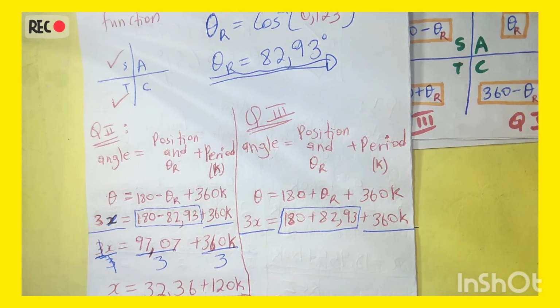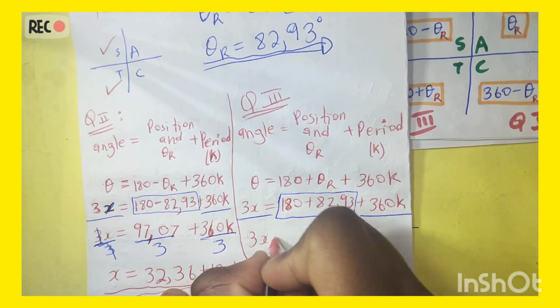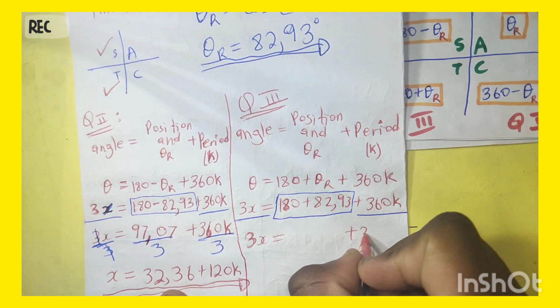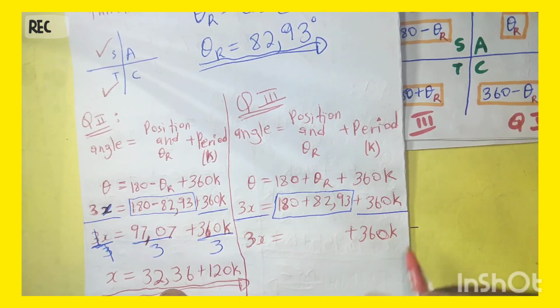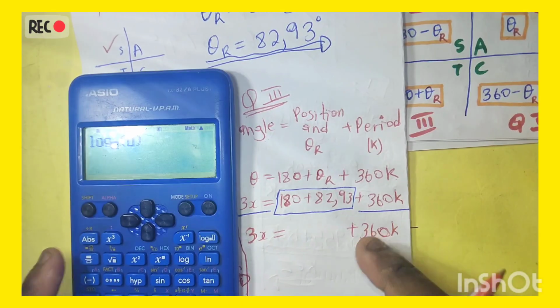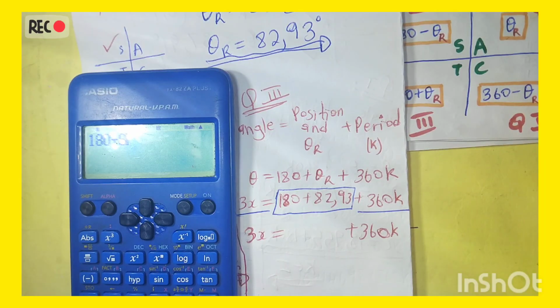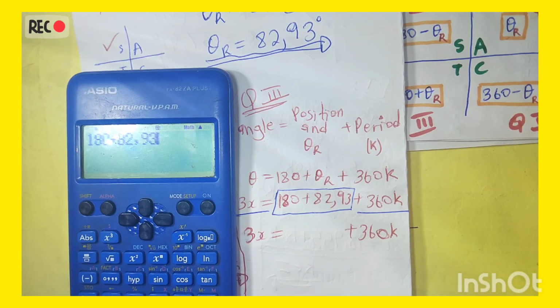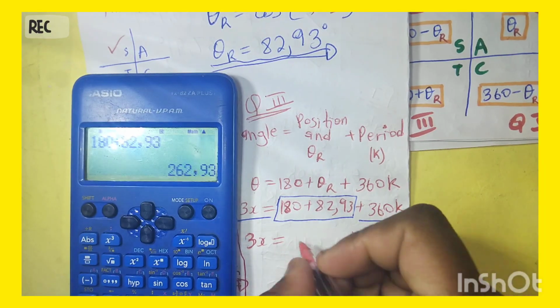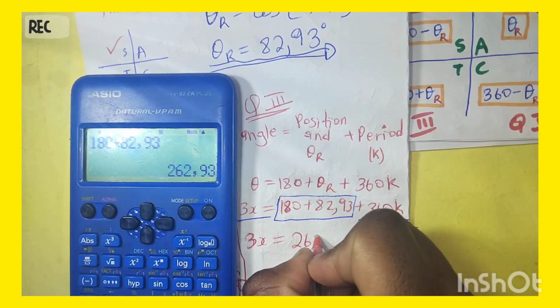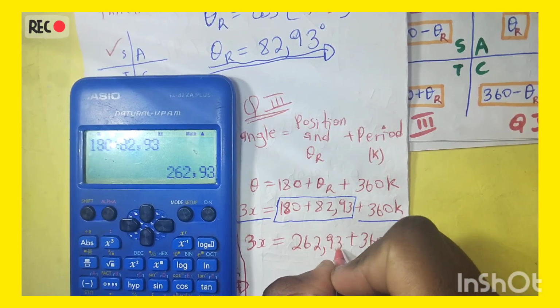Then this one there, I drop them. Let's drop this one because we didn't affect them, just like this then. So pressing this thing on my calculator, what should I get? This is what I should get, guys, which is 262.93.